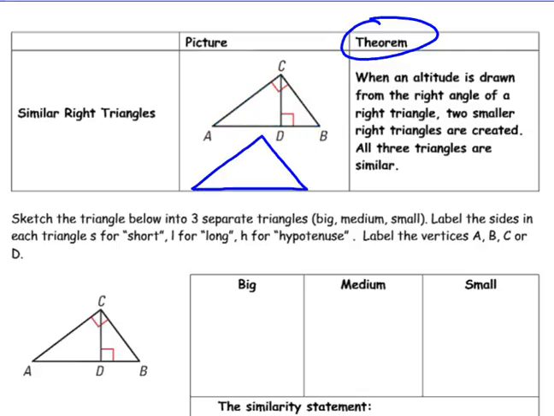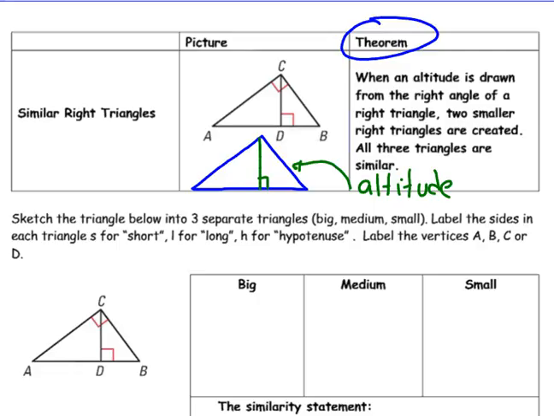And then the segment CD, which is perpendicular to segment AB, that's the altitude. So the altitude is the green line that's created, that's CD.